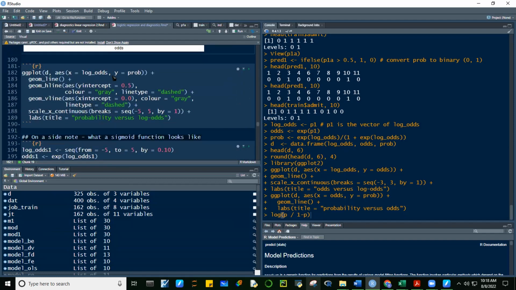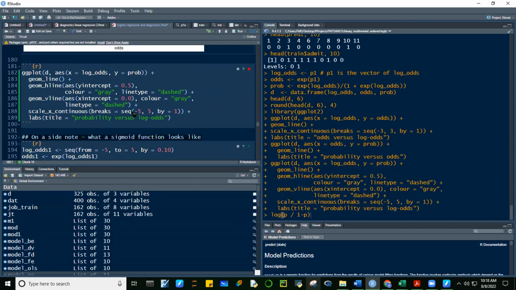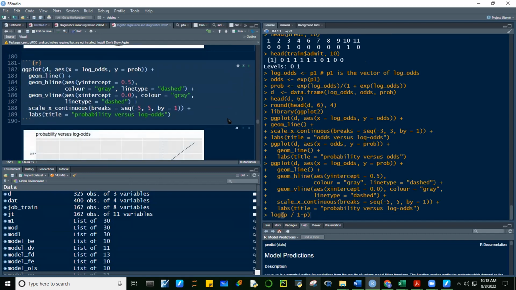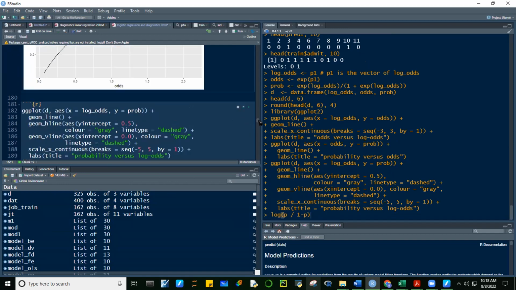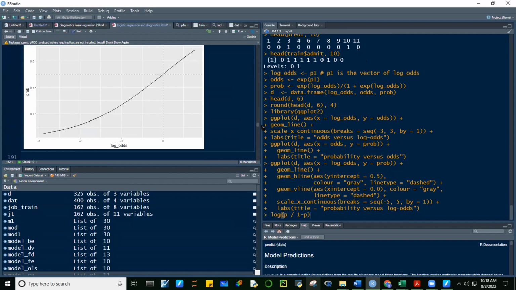And then ito yung last one, no? Si log odds at saka yung probability. Ito kasi yung kinompute natin kanina, yung log odds. Tapos kinonvert natin into probability. So let's plot this. Sorry, hindi ko na madidiscuss yung concept ng ggplot2. Okay.